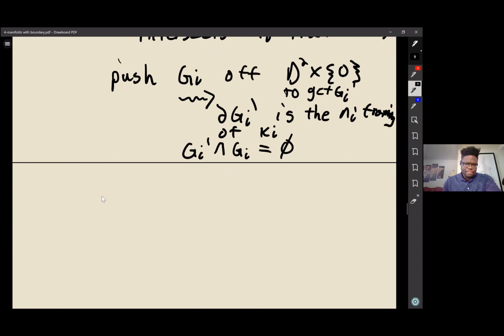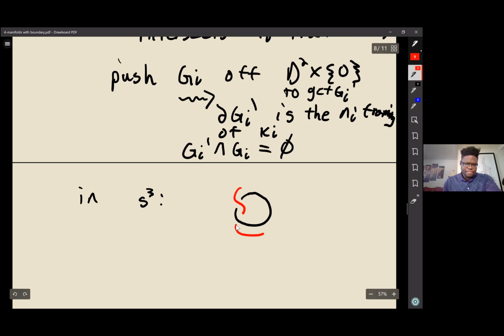So now what we have inside of S^3, if the black is the boundary of G_i, we now get that the red is just going to be this framing of K_i, the boundary of this parallel push-off.